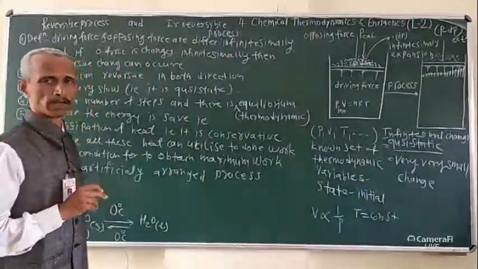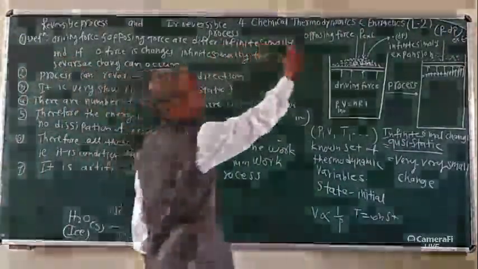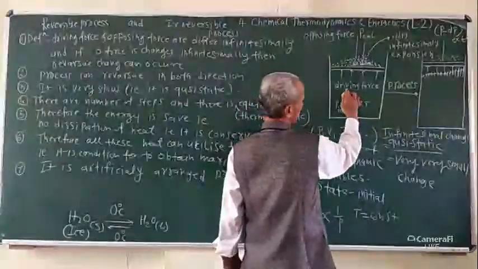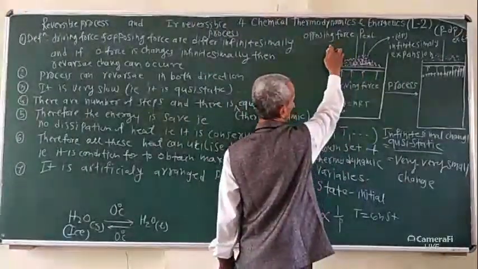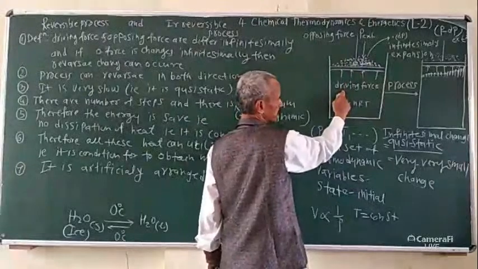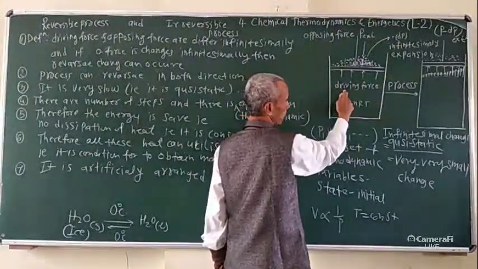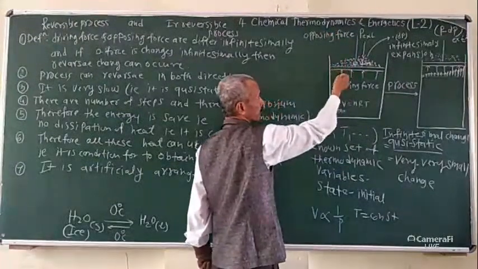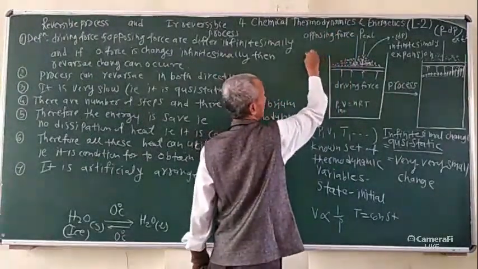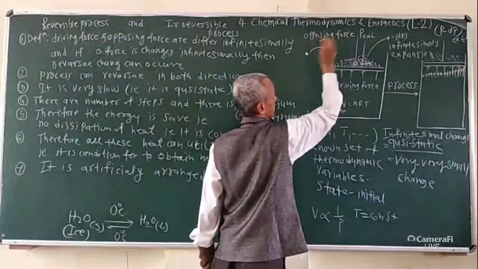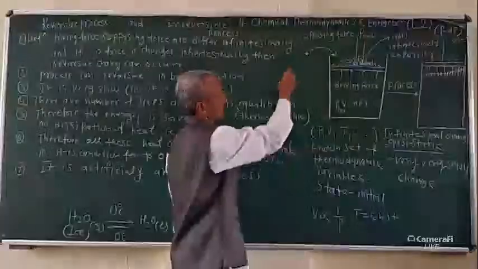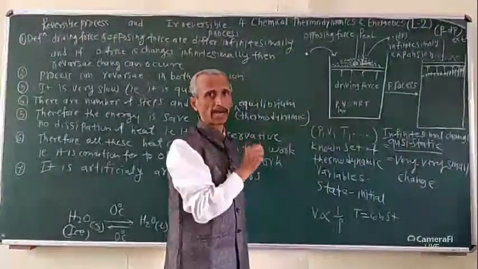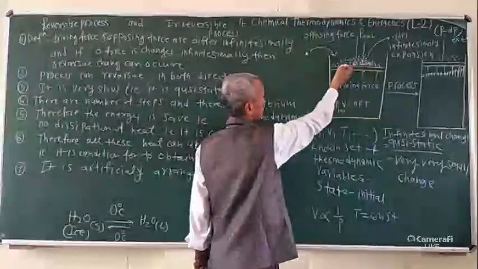This is a very important word. That is, there is a very small difference between the driving force and opposing force. Depending upon which one is more, if the driving force is more, then the expansion takes place. And if the opposing force is more, then what happens? If you add here some mass, very small, half a gram, what happens?